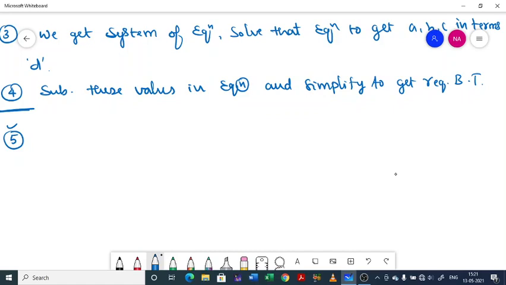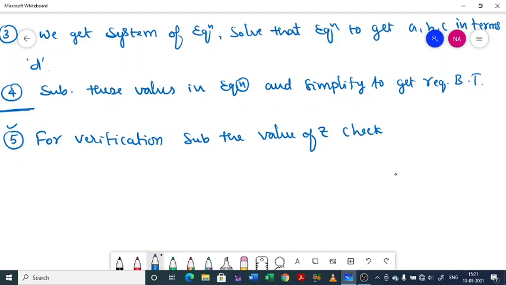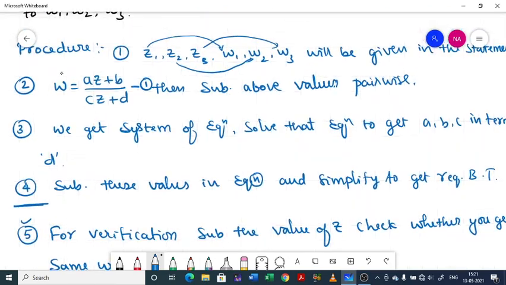Fifth point, this is for your sake, and the solution of the problem ends at the fourth step only. For verification, substitute the value of z and check whether you get the same W. Anyway you will get the transformation in this form, W equal to AZ plus B divided by CZ plus D. For Z, substitute Z1 and simplify.